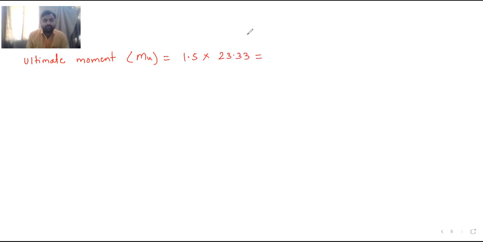Let me know the answer. Multiplied by 1.5. 34.99. 34.99 kilonewton meter.